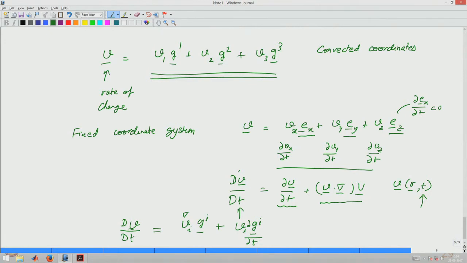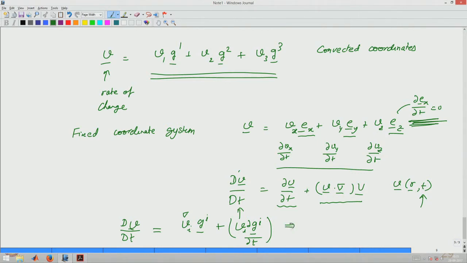So, given that the base vectors themselves also change as a function of time, which was not the case when we had the fixed coordinate system, we will see that the overall rate of change of quantity the way we evaluate it will have to be accounted for along with the rate of change of the base vectors itself.